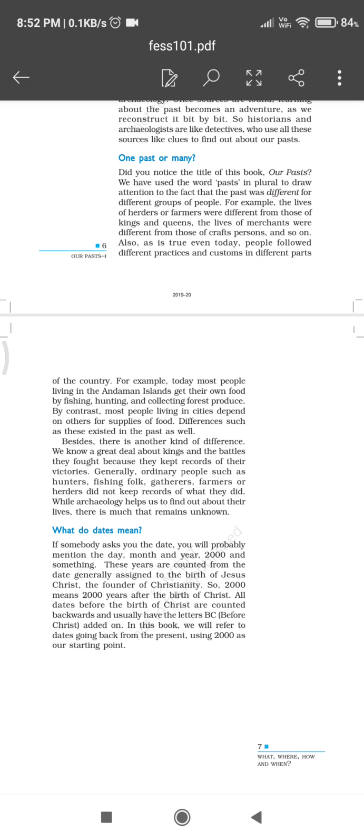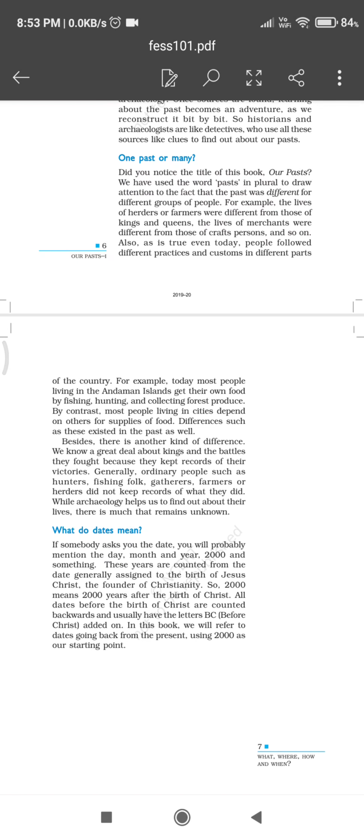BC means before Christ. These dates are counted backward from the present. Like using 2000 as our starting point, we will go backward: 1999 BC, 1998 BC, like that.